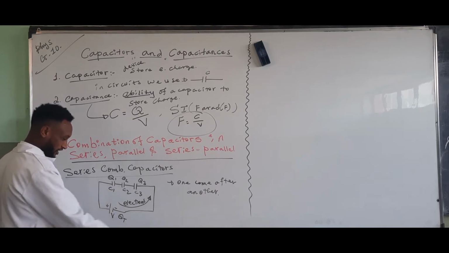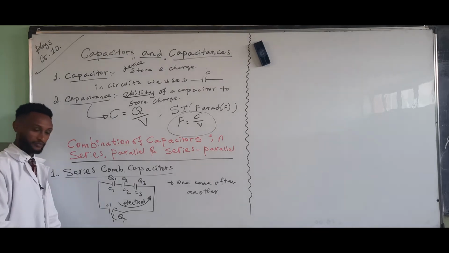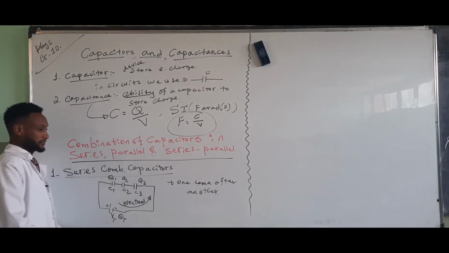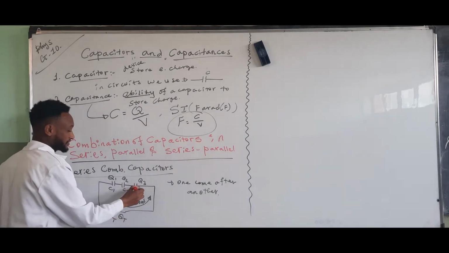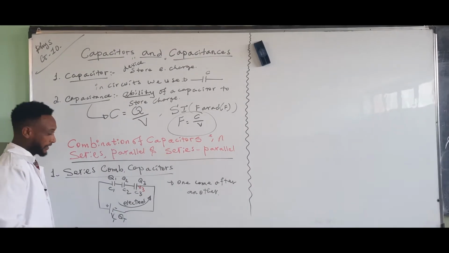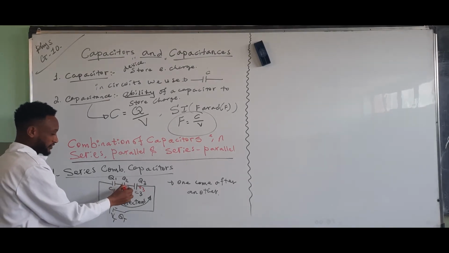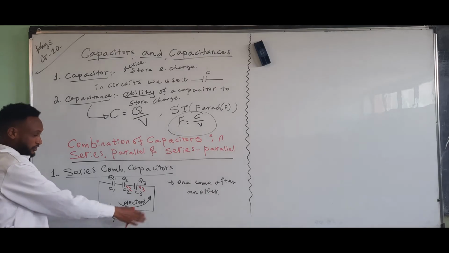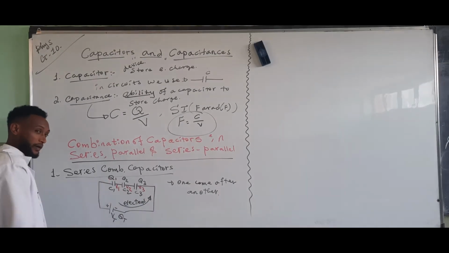Also, the potential in the circuit, since this is a source, is the total voltage. The voltage across capacitor 3 is voltage 3, and the voltage across capacitor 2 is voltage 2. Here also the voltage across capacitor 1 is voltage 1.